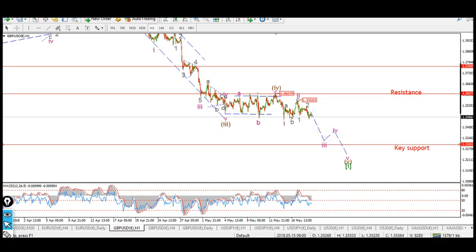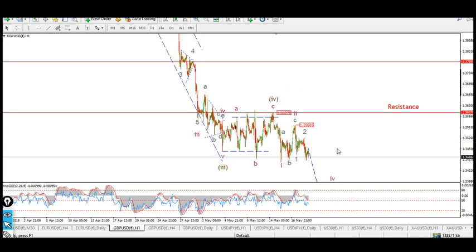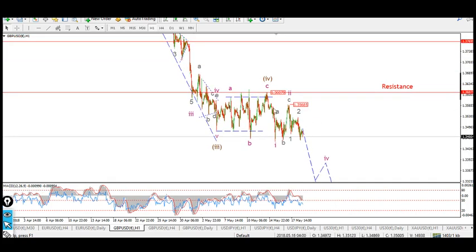Again, it's quite hard to read this, because for all intents and purposes, you would tend to look at this whole sideways move and regard it as one movement or one wave.